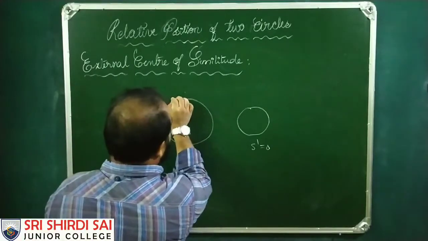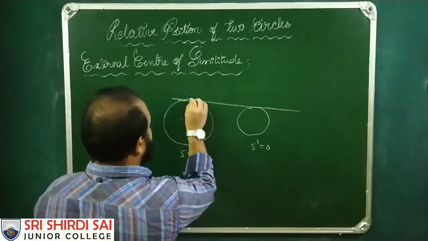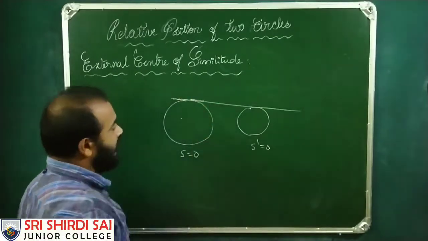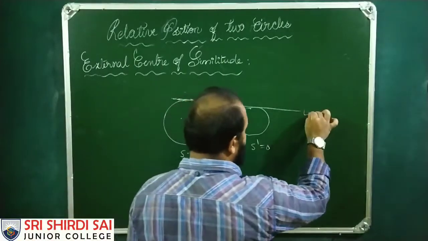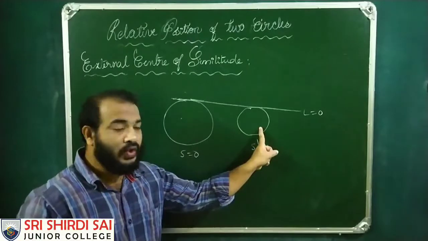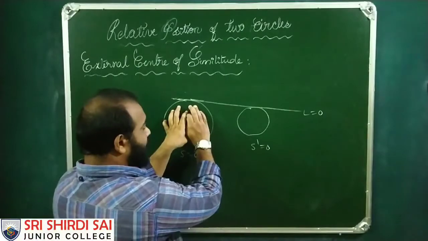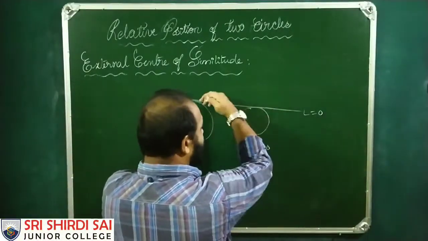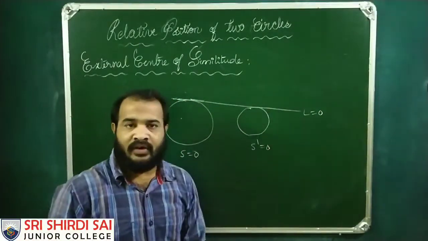If I am taking one line like this, for example L equals 0, the two circles S equals 0 and S' equals 0 are lying on the same side. It is not that one circle lies on one side and the other circle on the opposite side of L equals 0. It's not like that. So two circles are lying on the same side of L equals 0.